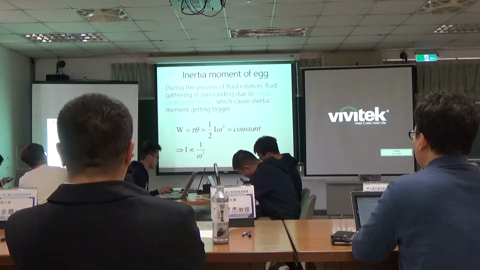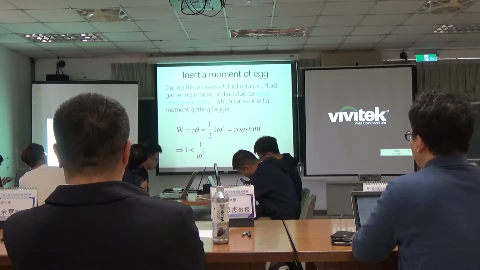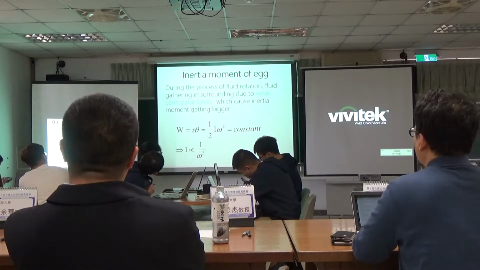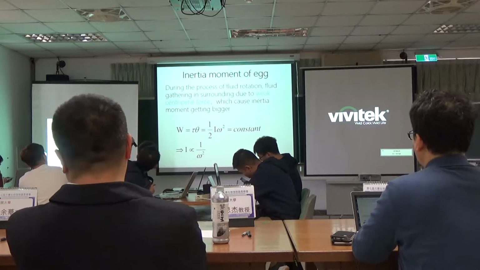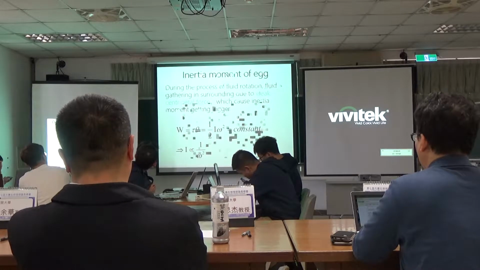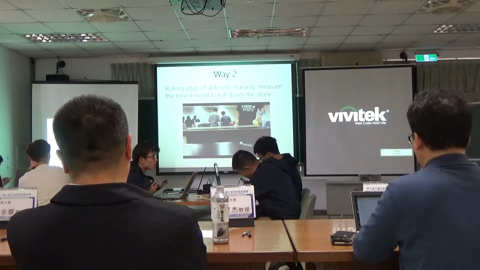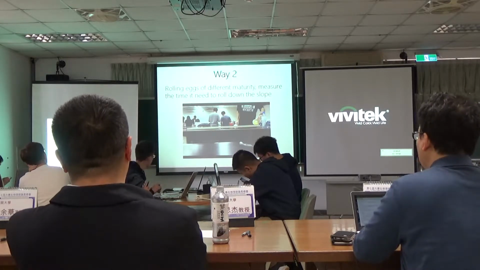If we set the work as a constant, then the inertia moment will be inversely proportional to the angular velocity. So in this way we measure the maturity of the egg.